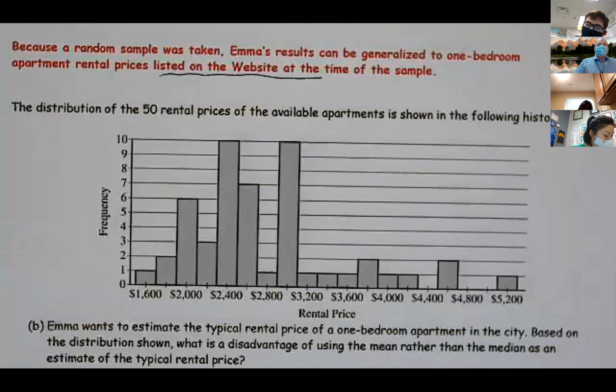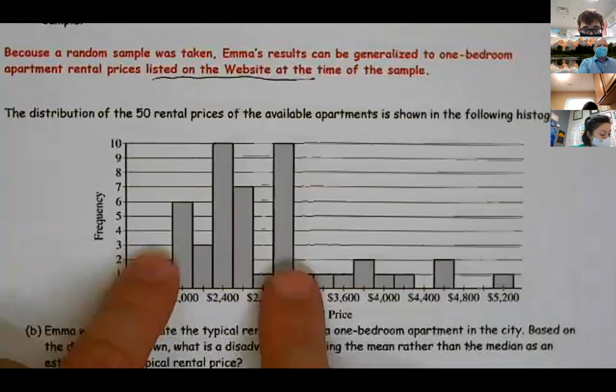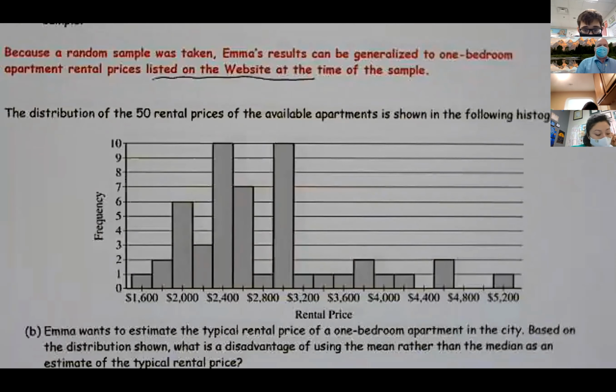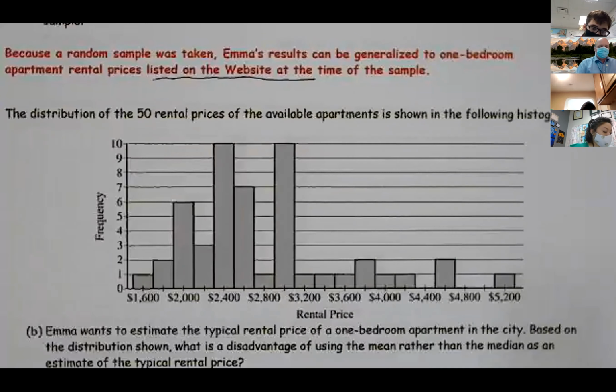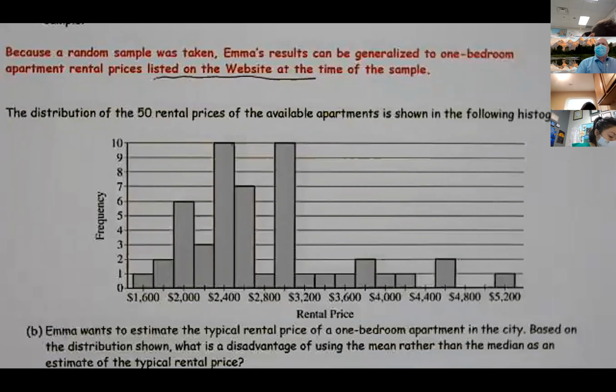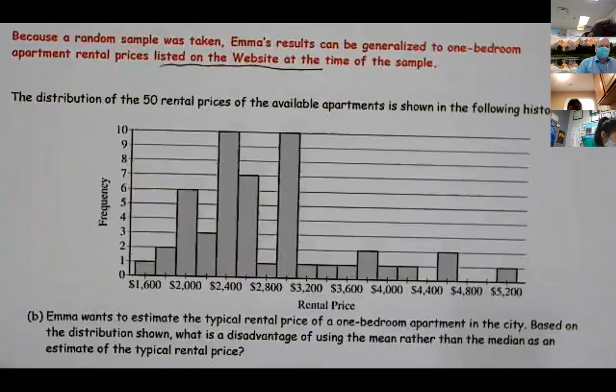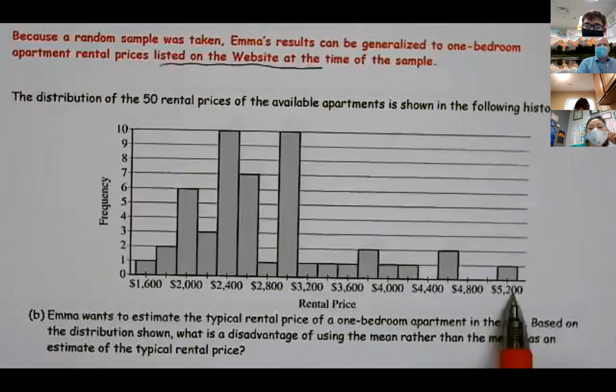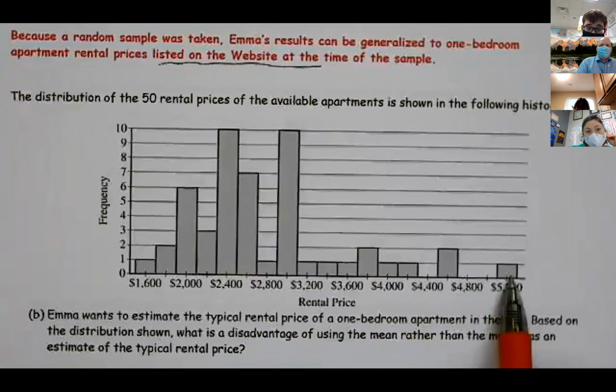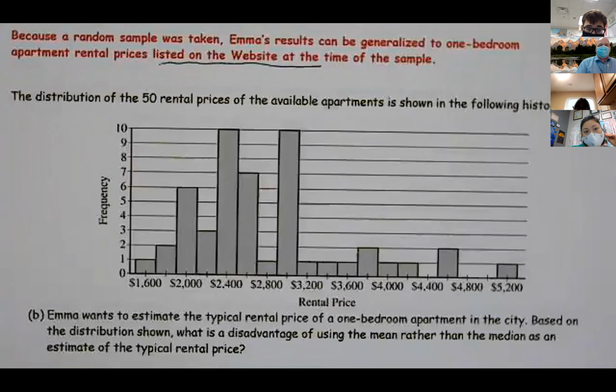So it's not perfect, but I'm going to say it's skewed to the right because we have upper values here. And if it is skewed to the right, then we would expect our mean to be above our median because the mean is impacted by the extreme values.